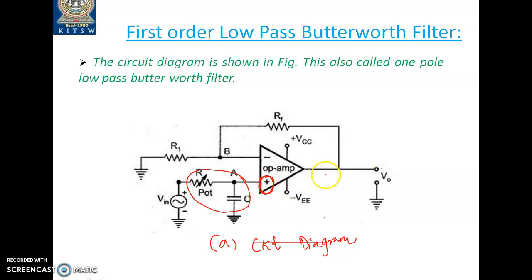Now we are taking the output across pin number 6. This is pin number 7, this is 4, this is 2, and this is 3. Don't forget the pin configuration of IC741, which is very important. That is the reason I mention the pin configuration of IC741 in almost all the videos and PPTs.